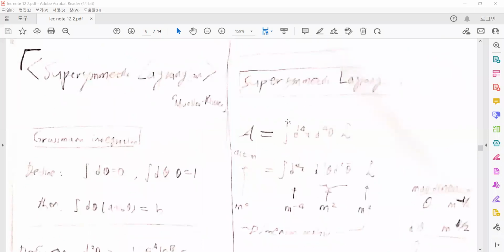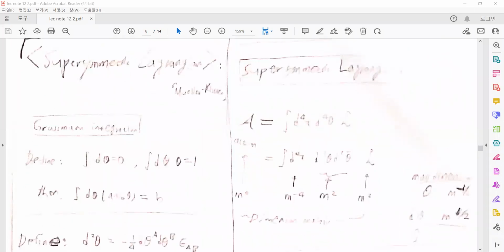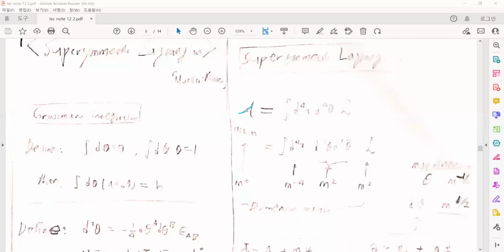Now we can construct the supersymmetric Lagrangians. We know that the action can be defined as an integral over four-dimensional space-time, but not only the space-time. We should also integrate over the Grassmann variables for the supersymmetric Lagrangian case, and then we will obtain the Lagrangian density without the Grassmann variables.